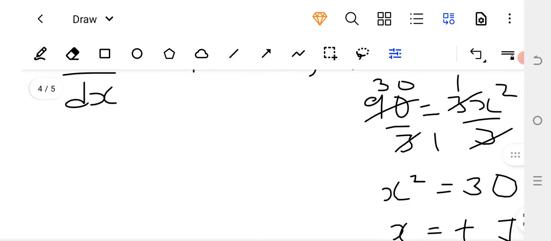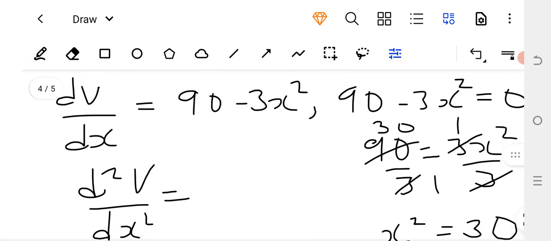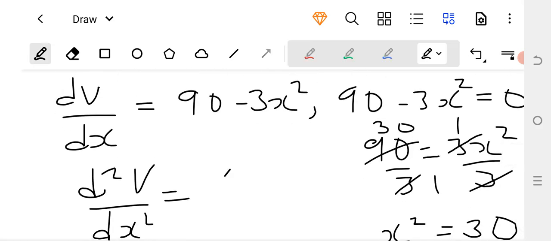We differentiate it again. Let's use the second derivative test. The d²V/dx², which is equal to what? If you differentiate this function again, derivative of 90 is 0, derivative of 3x squared is 6x.